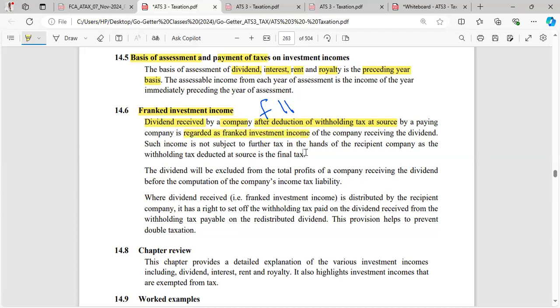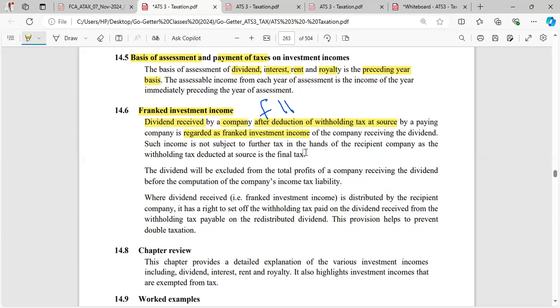Now, to the receiving company, Go Getter: when you receive dividend income, not when you pay, it is franked investment income. Why? Because for you to get this income, FCA would have suffered tax before they share the income to every shareholder, including Go Getter. Go Getter received it, and it has already suffered another tax, which is called withholding tax.